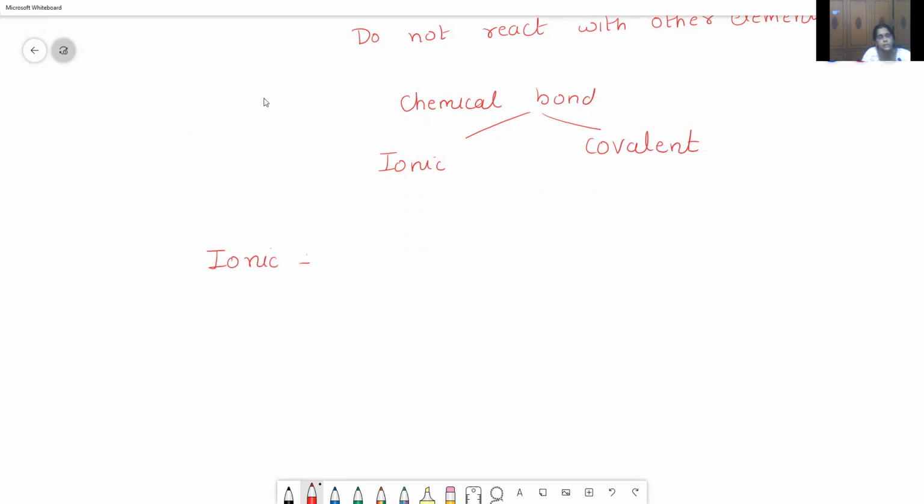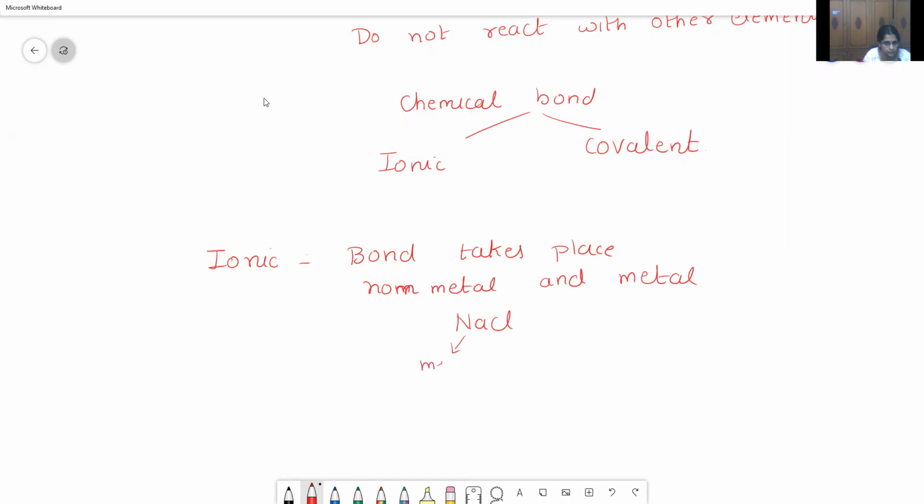So ionic is a bond which usually takes place between a non-metal and a metal. Okay, so the best simple example is NaCl, sodium chloride.